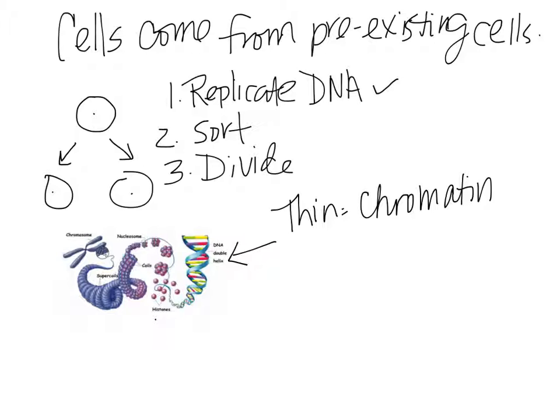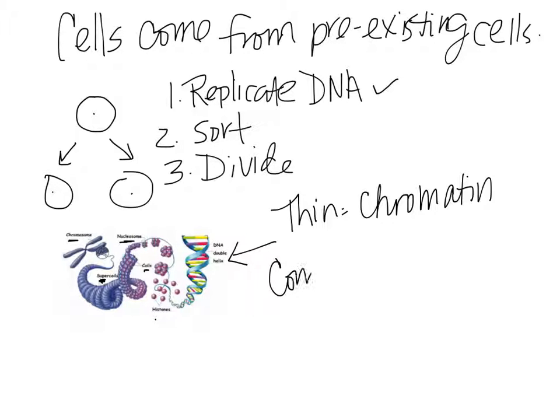But it's going to start condensing, right? So those DNA wound around histones will wind around each other, and they'll create what are called nucleosomes. Nucleosomes will create coils. Coils will coil upon each other, making supercoils. And then eventually everything is going to condense into this huge chromosome, okay?